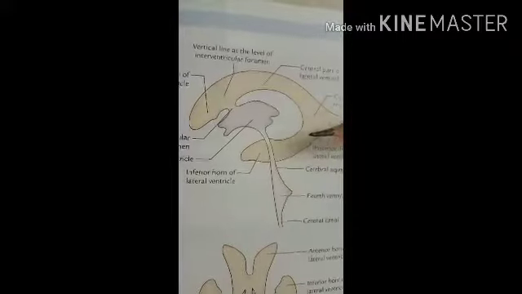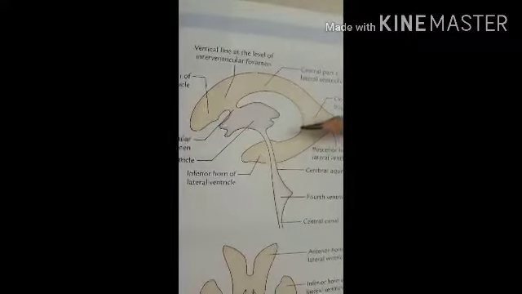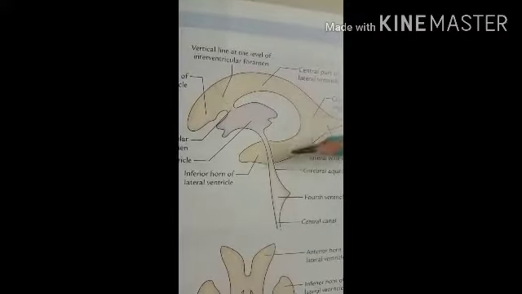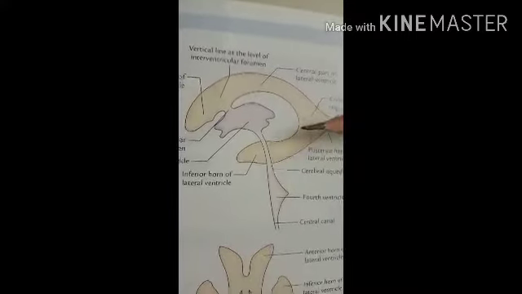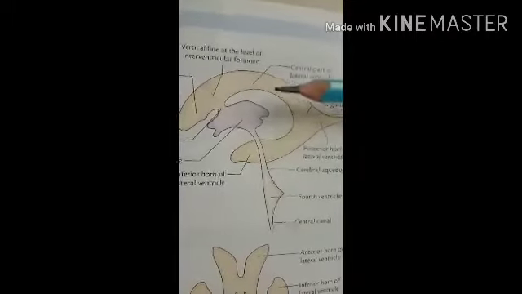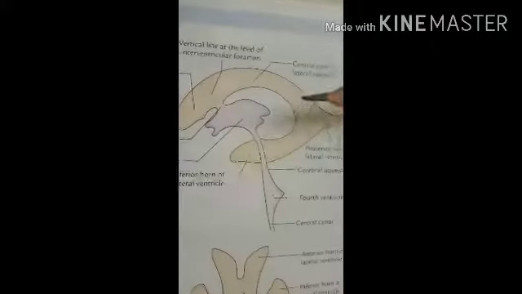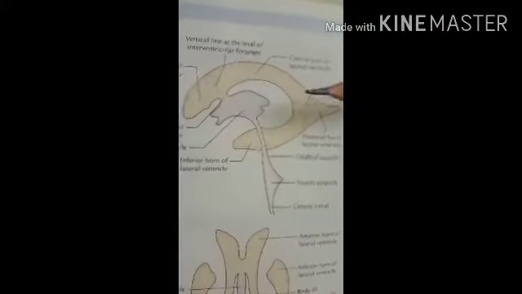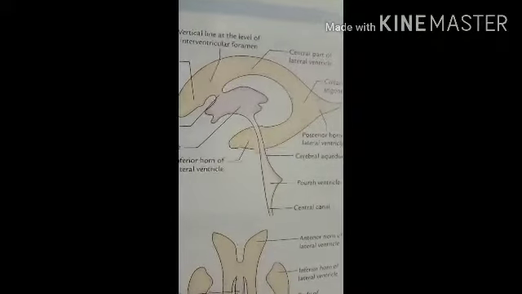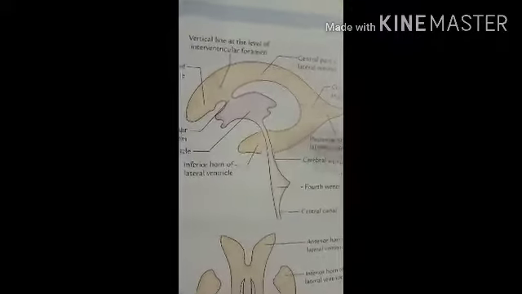Along that C-shaped line, a finger-like tuft of capillaries of blood vessels invaginates into the central part and the inferior horn to form the choroid plexus of the lateral ventricle. And you know the function of the choroid plexus is the secretion or formation of the CSF. So that is the lateral ventricle.